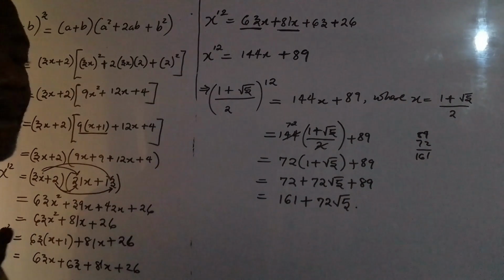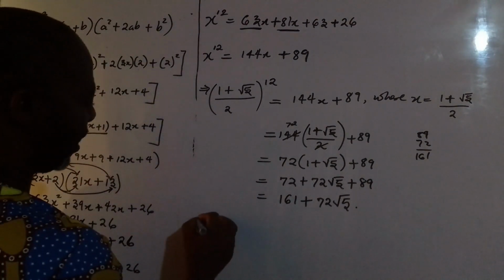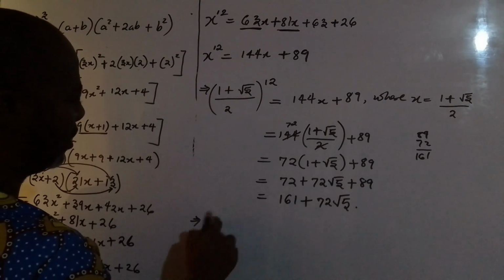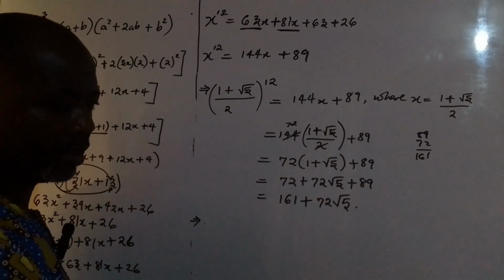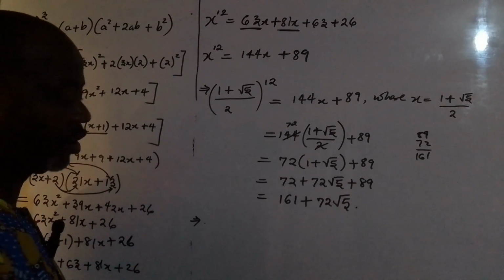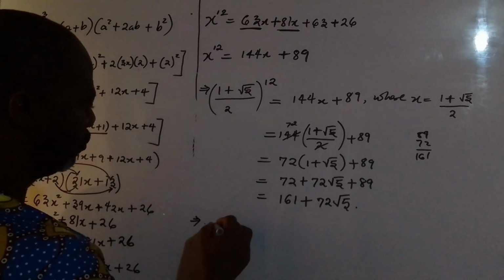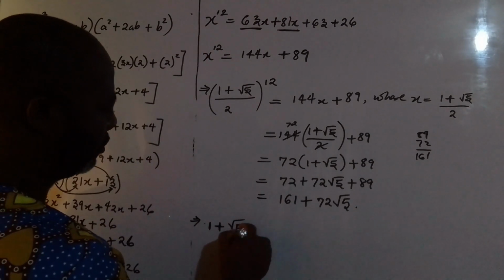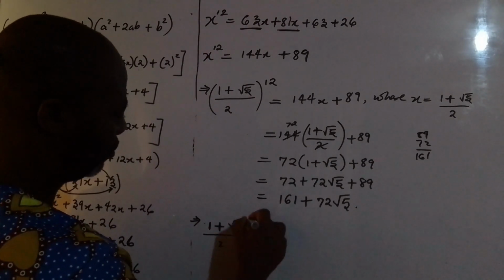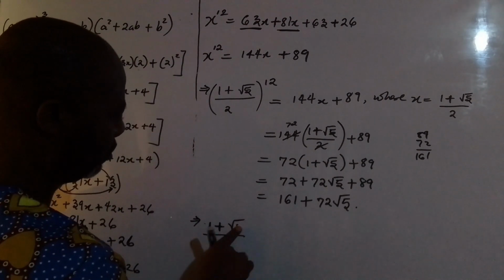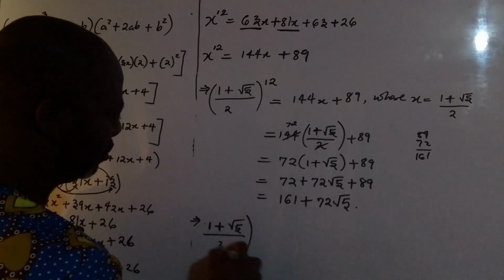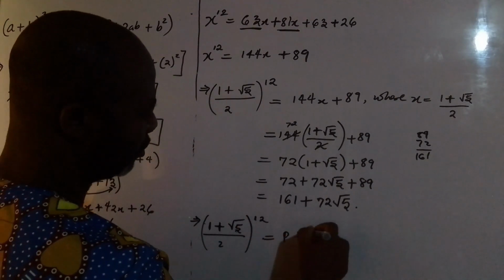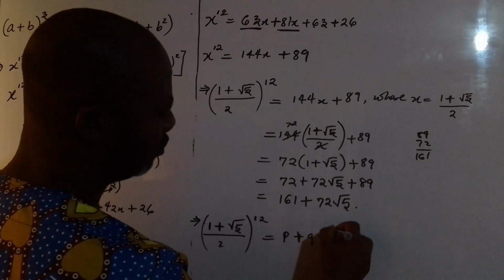Now, let's go back and do the comparison. We are given from the original equation that ((1 + root 5) divided by 2) to the power of 12 is equal to p + q root 5.